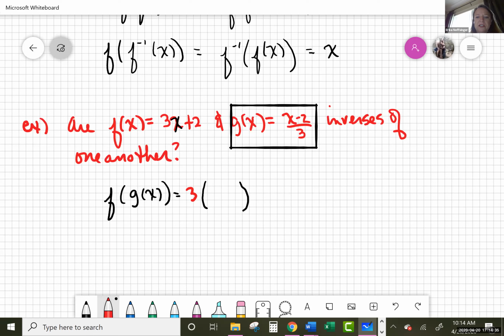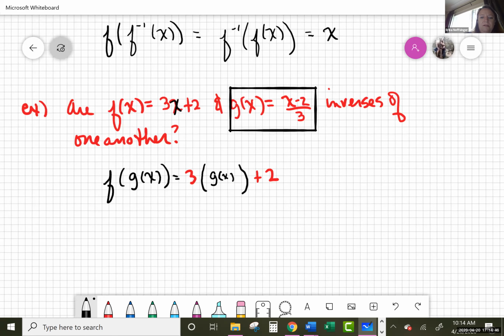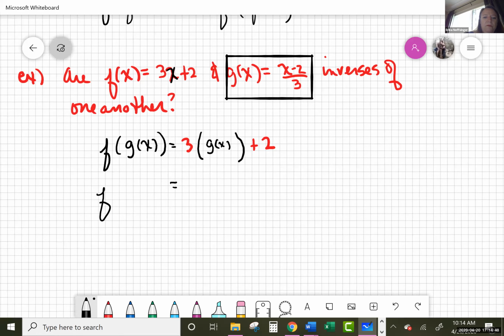And then I have a plus 2 for my f of x function. But g of x we said was x minus 2 over 3. So this is 3 times x minus 2 over 3, plus 2.